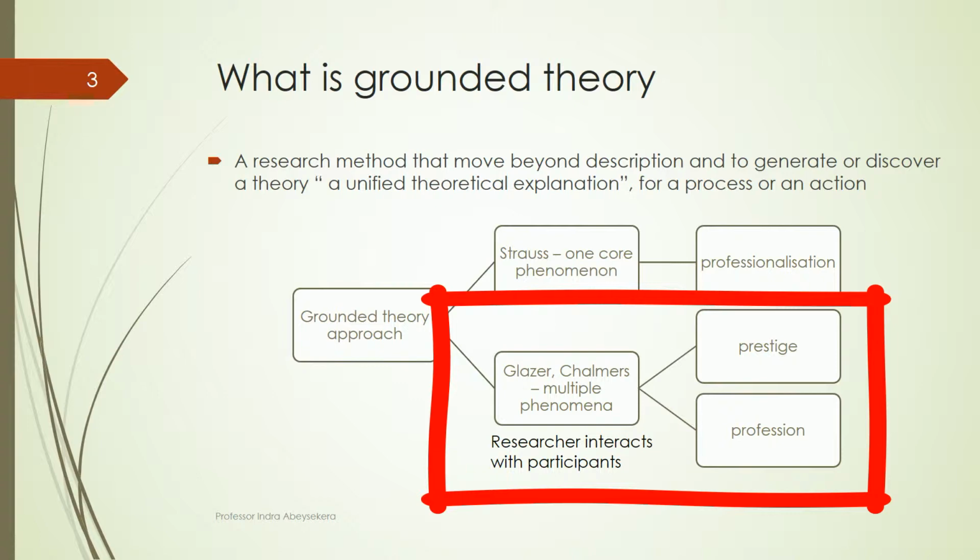Because there could be multiple realities or multiple phenomena, one may end up with more than one core phenomenon, or if we translate that into a construct, more than a single construct. For example, prestige and profession, that represents professionalization.